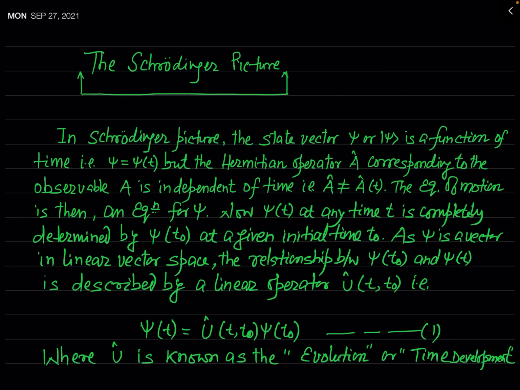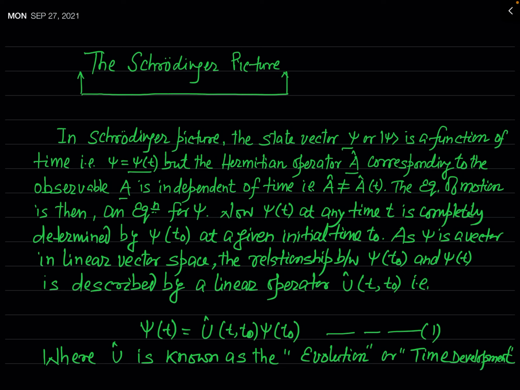As you have seen, in the Schrodinger picture, the state vector psi, or you may also call it ket psi, is a function of time. That is, psi is equal to psi of t. But the Hermitian operator A hat corresponding to the observable A is not time dependent. It is independent of time. It means A hat is not equal to A hat of t.